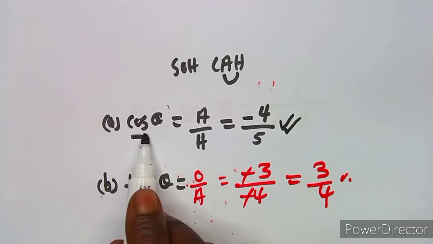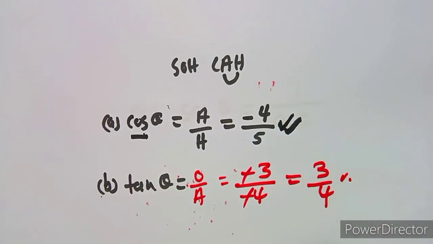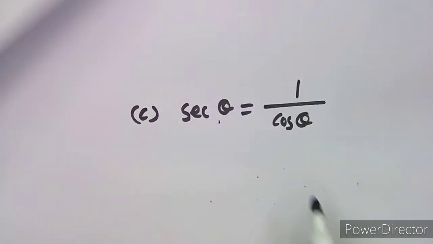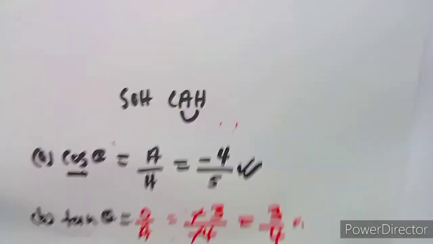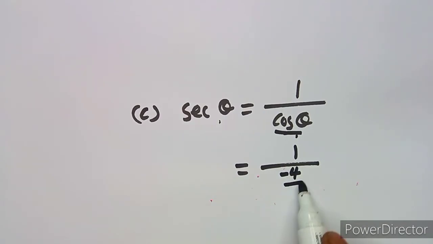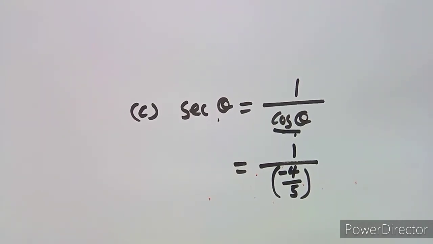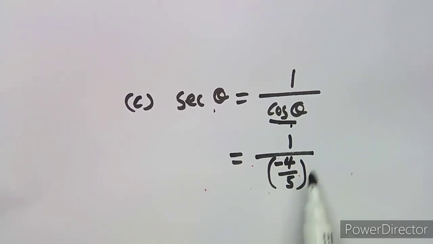So if our cos theta is -4 over 5, I'm going to substitute here because I already have the value of cos. So it is going to be 1 over -4 over 5. Even if you use a calculator there's nothing wrong, because it's the same thing.